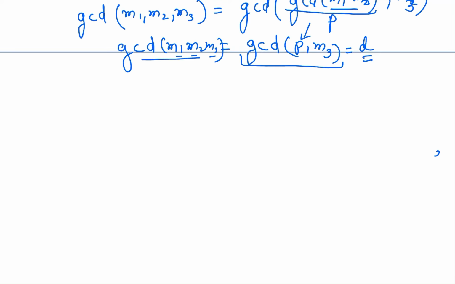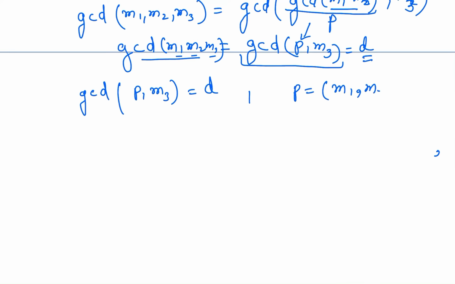So let us assume that GCD of P comma M3 is equal to D, and what is P? P is GCD of M1 comma M2. Now we will prove that this D is GCD of all three integers M1, M2 and M3.